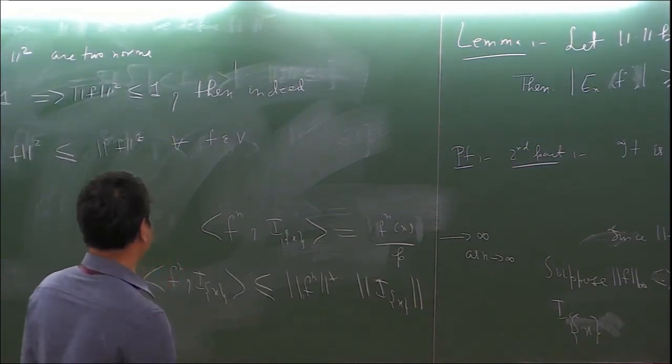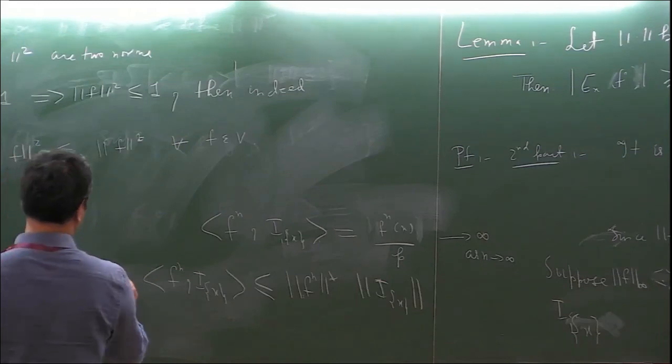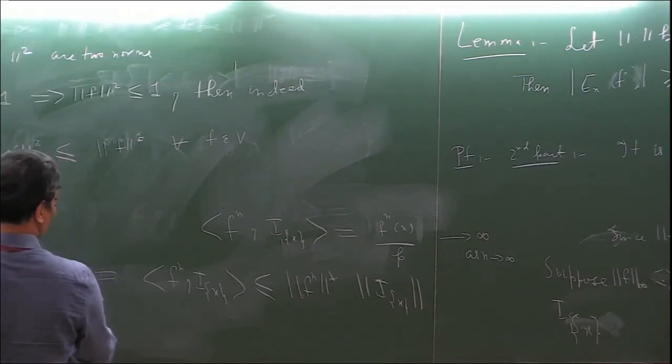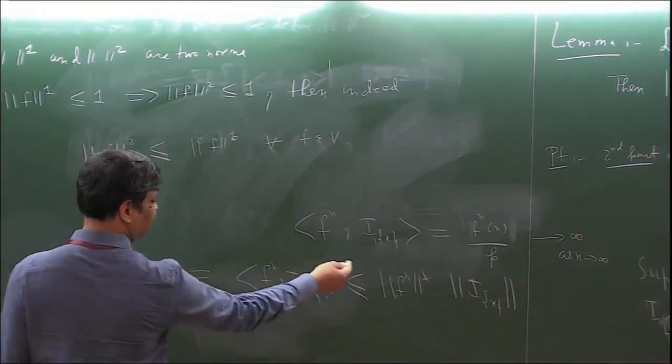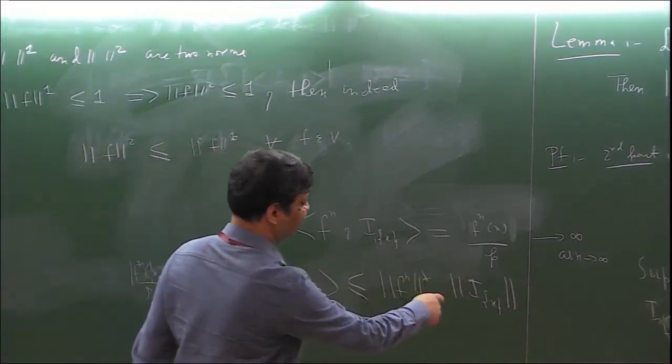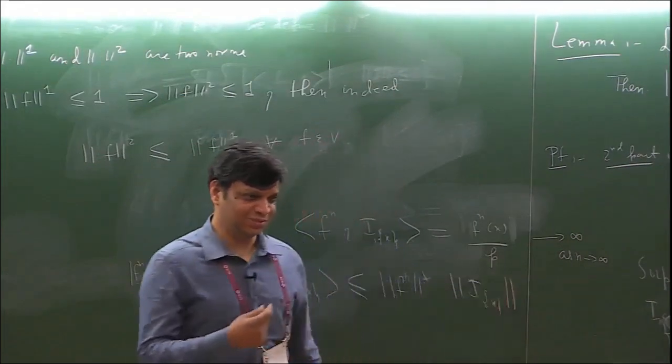You are saying that this is equal to this thing, so mod f_n(x) by p, and the right hand side is less than 1 by n, so this is a fixed quantity, so this will go to 1. Fine.